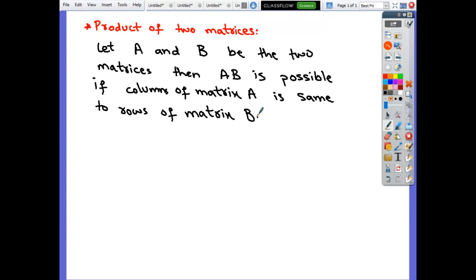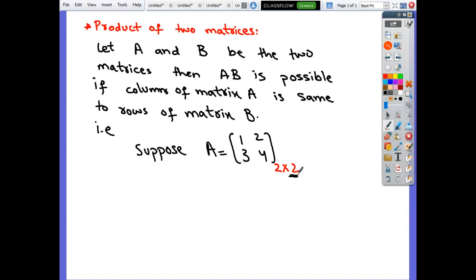Two matrices are conformable for multiplication or product if the columns of the first matrix are equal to the rows of the second matrix. That is, suppose matrix A is 1, 2, 3 and 4. Here the order of matrix A is 2 cross 2, where there are two columns.